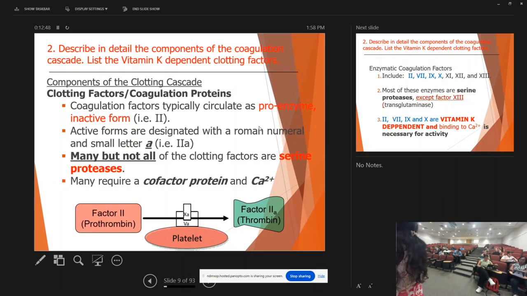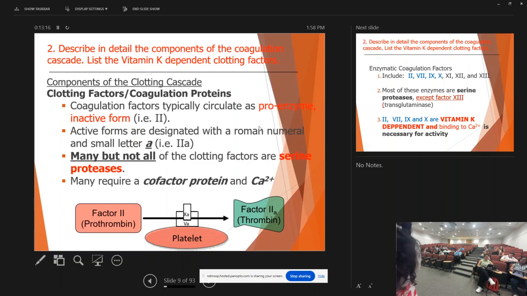So here I'm showing you factor 2, which is prothrombin, the inactive form. When it needs to get converted into the active form, factor 2A, there is a process here. The activated platelet will form a complex with another factor, 10A, and also another factor, 5A.